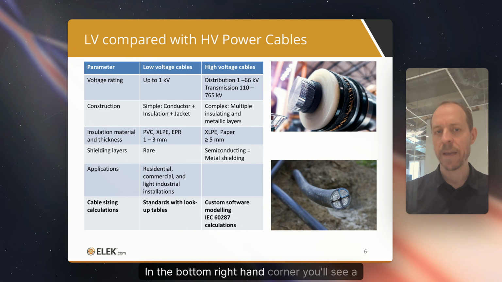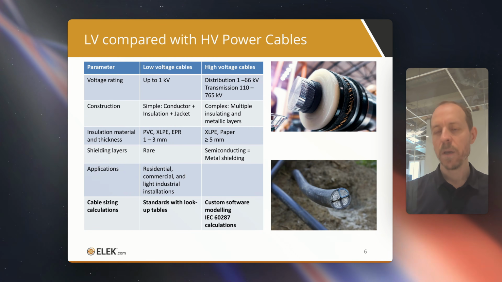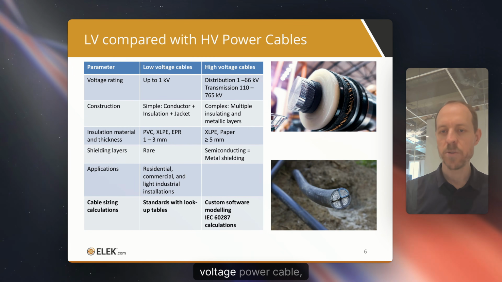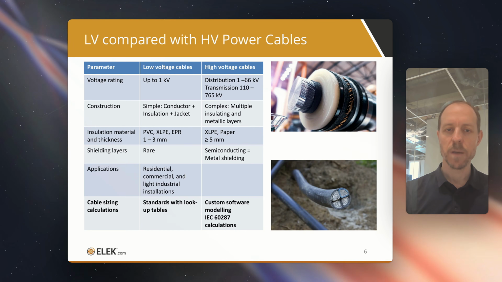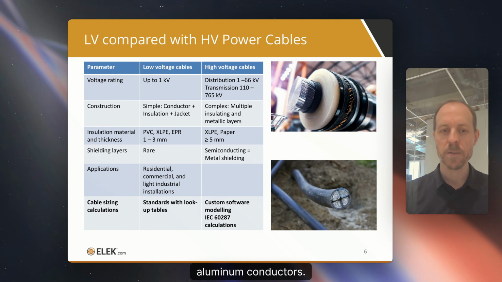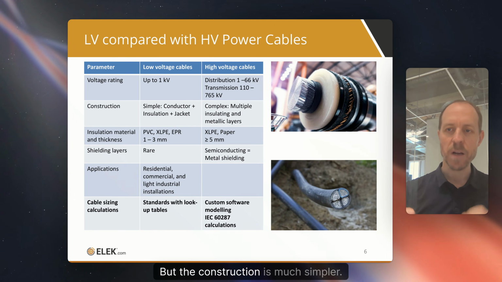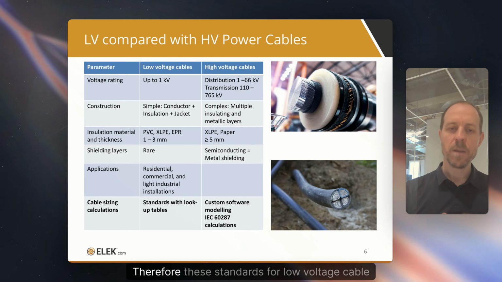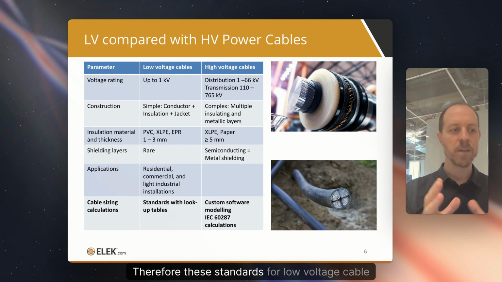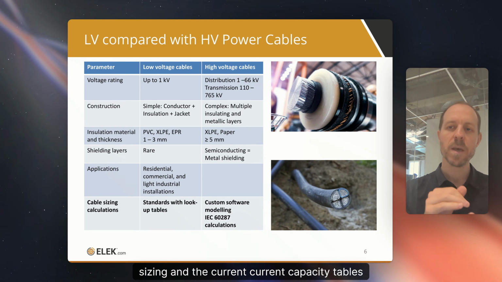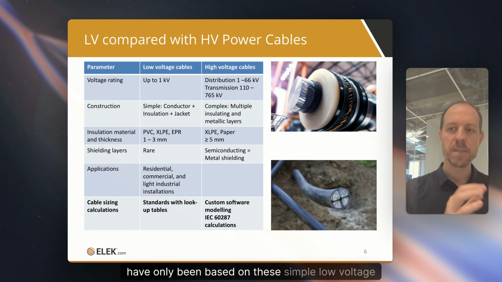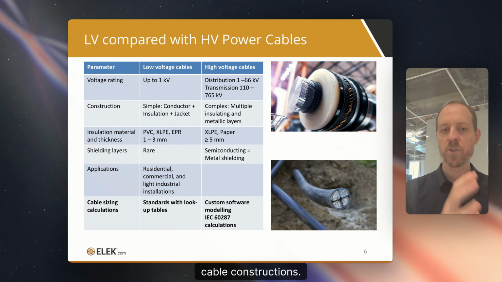In the bottom right-hand corner, you'll see a simple low voltage power cable, a 3-core cable with aluminium conductors, but the construction is much simpler. Therefore, these standards for low voltage cable sizing and the current capacity tables have only been based on these simple low voltage cable constructions.